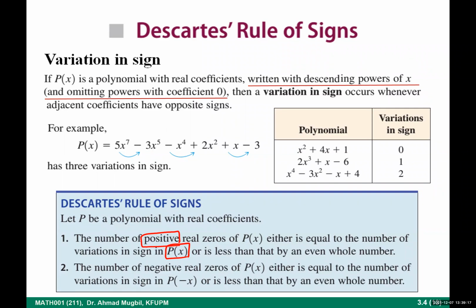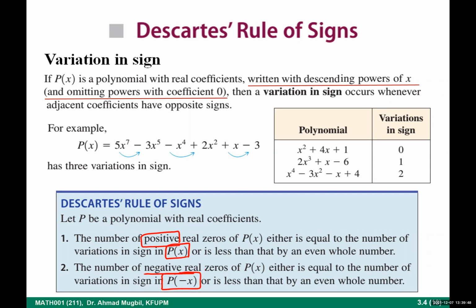So if you have 3 variations in the polynomial, then the number of positive real zeros will be 3 or 1. It will be 3 or 3 minus 2, and you will stop. This is what they meant by even whole number. You know, the whole numbers start from 0. Now, for the negative, the number of negative real zeros will be equal to the number of variations in the signs of P of negative x.